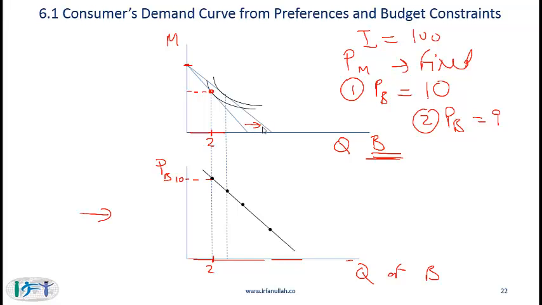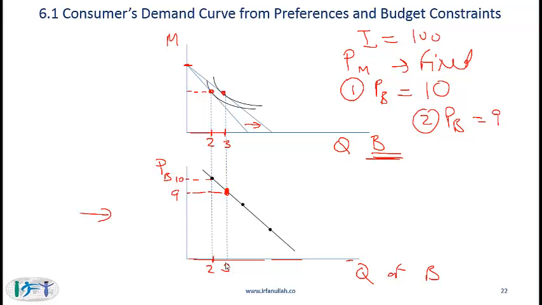We will now have a new tangent position over here, and obviously the quantity of bread is going to go up. Let's say the quantity of bread is now 3. So we can then plot this point where we say that the price of bread is down from 10 to 9 and the quantity is up from 2 to 3.